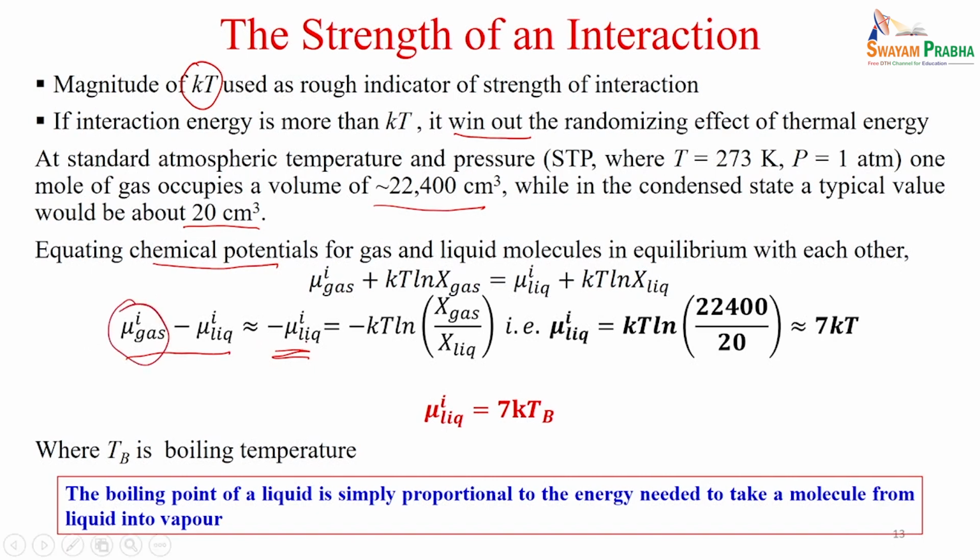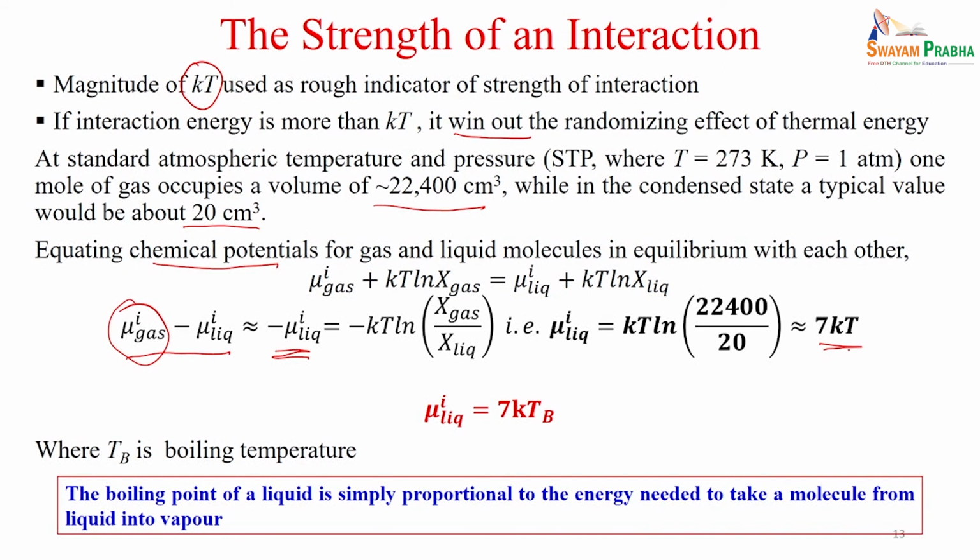We can write minus mu_i liquid is equal to kT ln of x gas over x liquid. If you calculate the dimensionless volume ratio, ln of this is 7. So we are going to have 7 times kT. Mu_i liquid, or you can say the difference in the chemical potential, is 7 times kT.